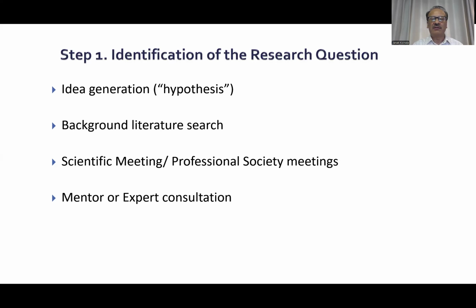And you can come up with different ideas in your area or your specialty, and you can see if those questions are valid or not, if so, what else others have done, whether you can do something more in terms of research related to that particular question or hypothesis. And you can always go back and talk to your colleagues, your mentor, or the expert in that area.